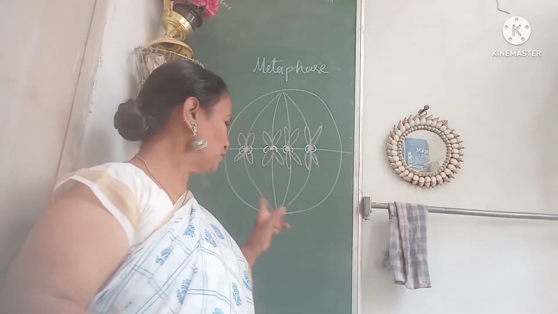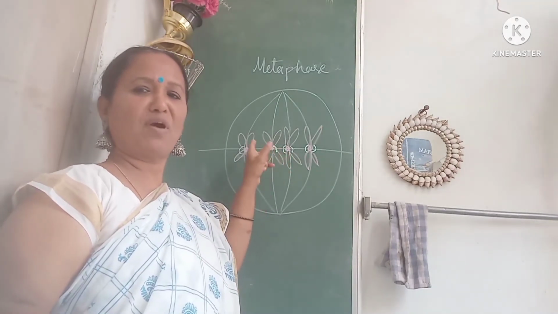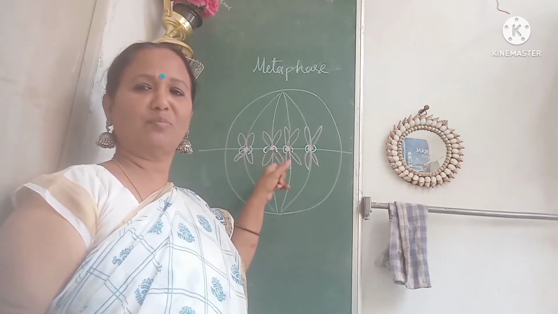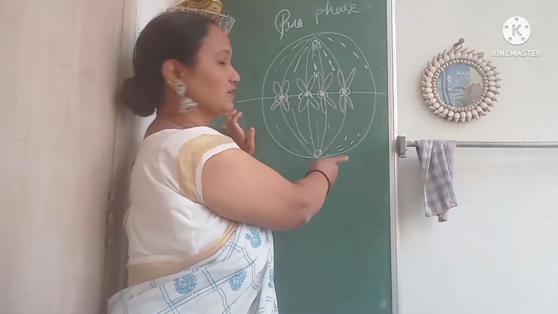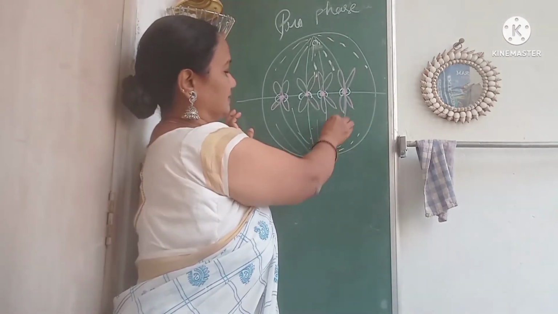The centromere tends to protect the minus end from depolymerizing.